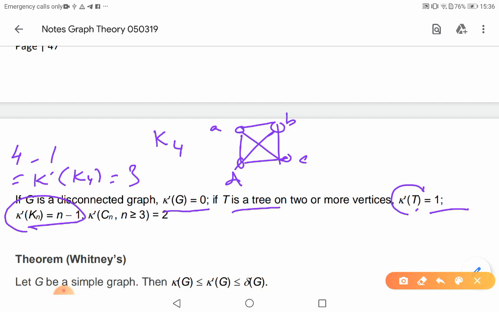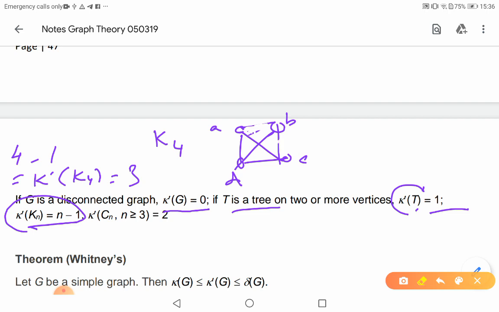Okay, let's see whether it is correct or not. So if you delete vertex A, and then which edges do I want to delete?